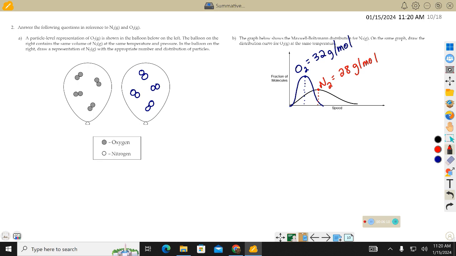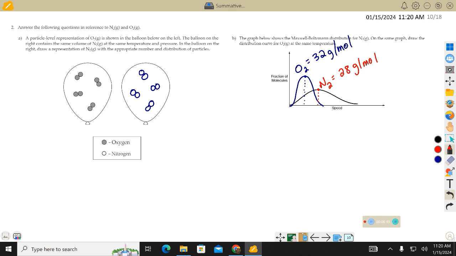So if the balloon is at the same temperature and pressure and volume, there must be the same number of particles. So we want to show nitrogen atoms, or I should say nitrogen molecules, diatomic nitrogen molecules in the gas phase, so still spread far apart, and there would be the same number of molecules, 4 molecules of nitrogen.